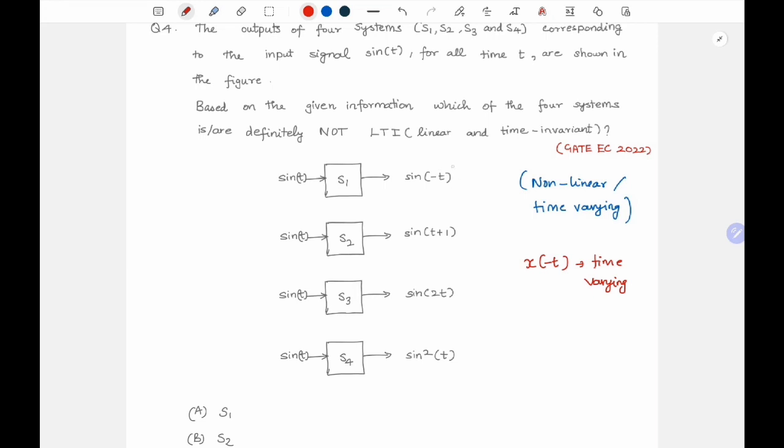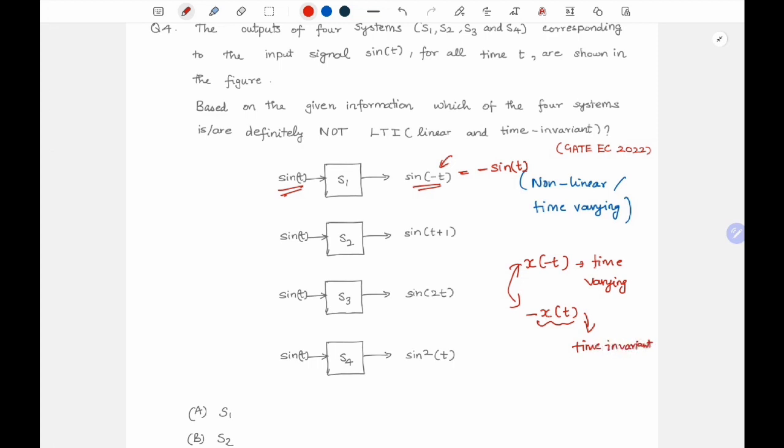But if you actually see for this particular case, sin of minus t is nothing but minus sin t, correct? So we can also interpret this as minus x of t. So for this particular signal, this is equivalent. So we can't say that it is time varying actually. If we take it as minus sin t, then this interpretation we can take, and this is actually time invariant.